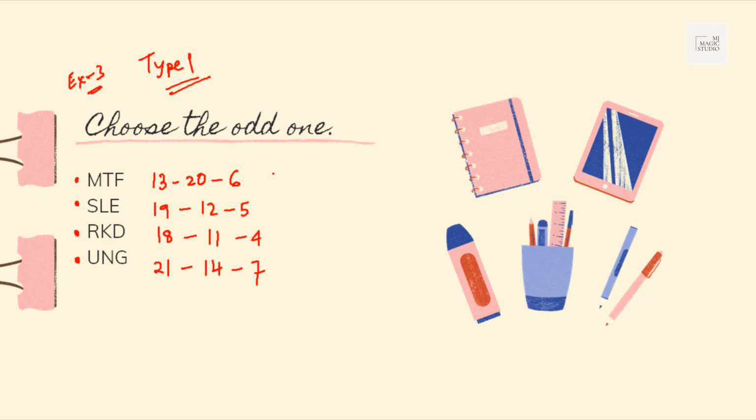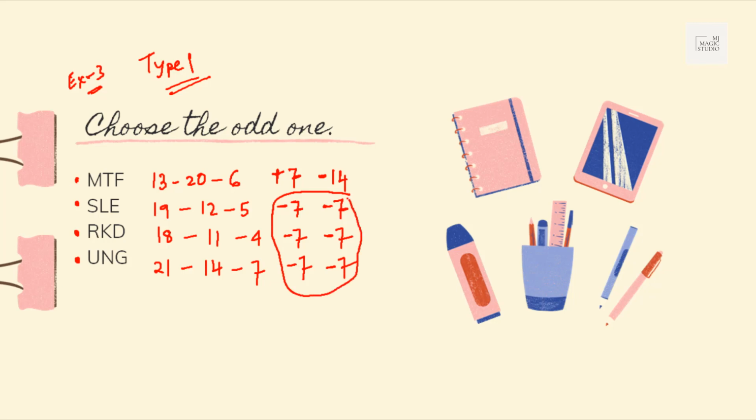So 13 plus 7 will give 20, and 20 minus 14 will give 6. Okay, so 19 plus 7 is not 12, but 19 minus 7 is 12, and then 12 minus 7 is 5. 18 minus 7 is 11, 11 minus 7 is 4, 21 minus 7 is 14, 14 minus 7 is 7.